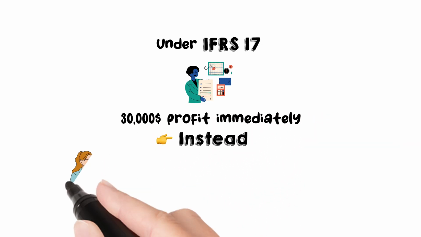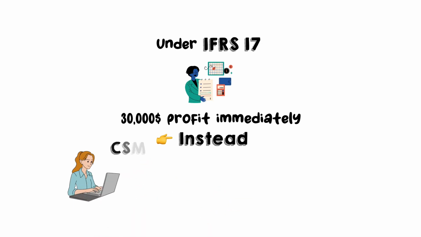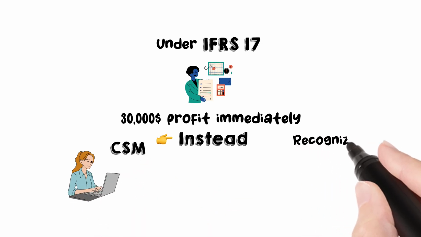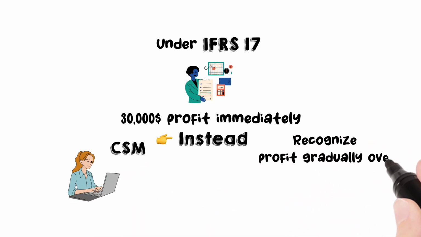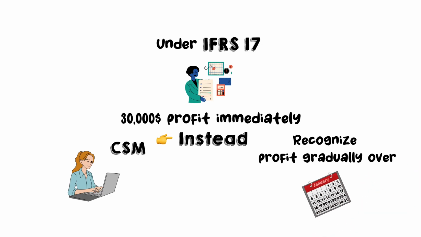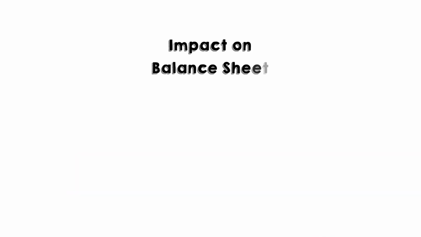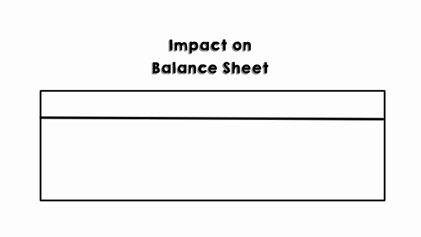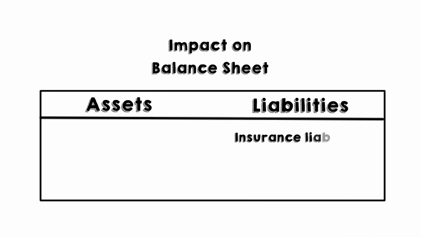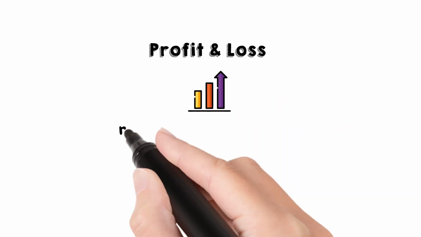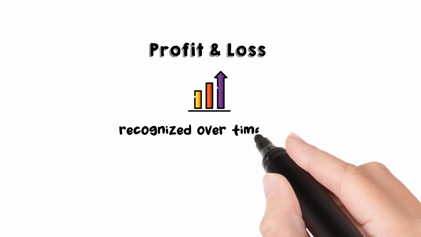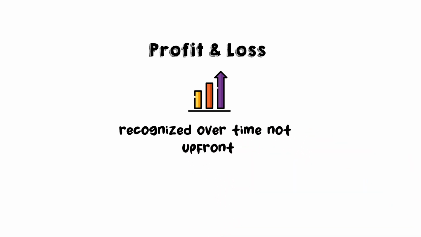Instead, record it as CSM. Recognize profit gradually over the policy period. Impact on balance sheet: insurance liability shown at current value. Profit and loss: profit recognized over time, not upfront.